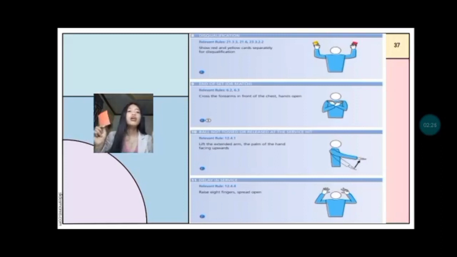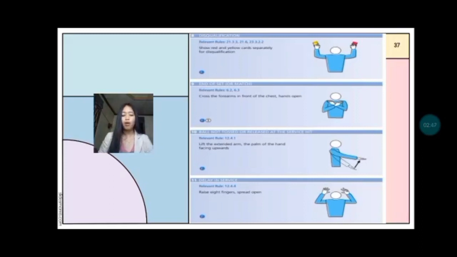This is the sign. Show the red and yellow card separately for disqualification. Next is the end of set, or this is the time where the game is done. Cross the forearm in front of the chest, hands open.